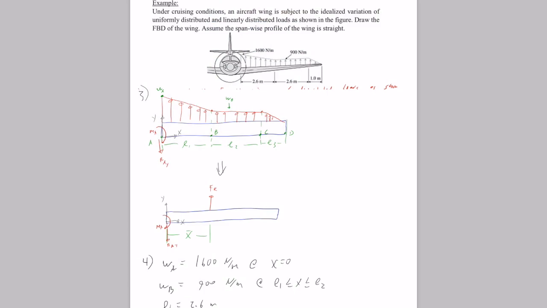So region 1 has a trapezoidal load distribution. Region 2 is flat. It stays at 900 newtons per meter over this 2.6 meter span in the middle. And then at the end, this last 1 meter span has a triangular distribution going from 900 newtons per meter on the left all the way down to 0.